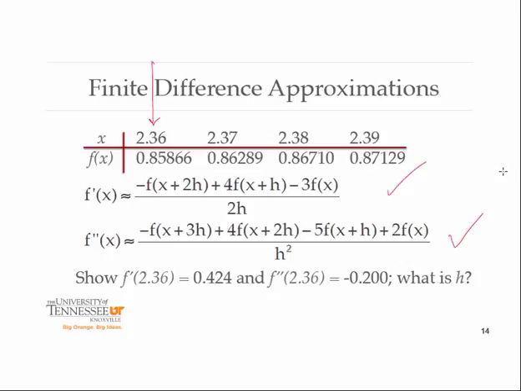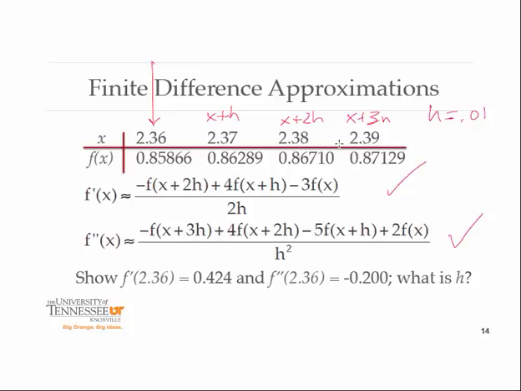And so again, if this represents f of x, this is x plus h, this is x plus 2h, notice it's evenly spaced, and this is x plus 3h. Clearly h is equal to 0.01. That's the difference between all of these x values there.